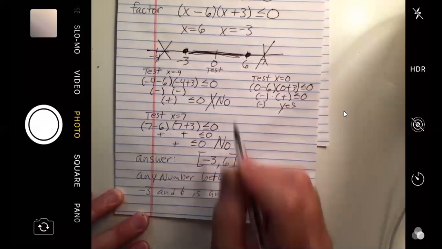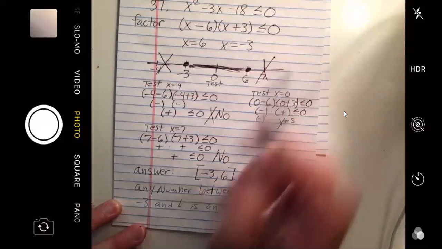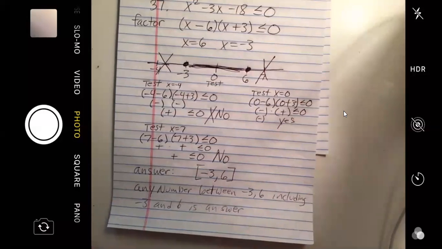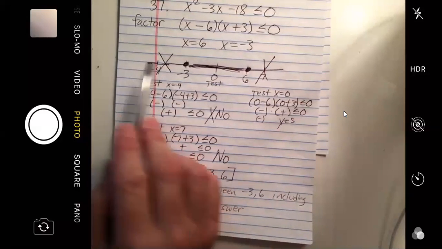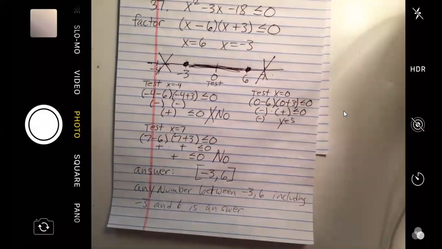You can substitute it in up here, and you will come up less than or equal to 0, making it a valid answer. Go beyond negative 3 or beyond 6, it will not work. Those are not answers.